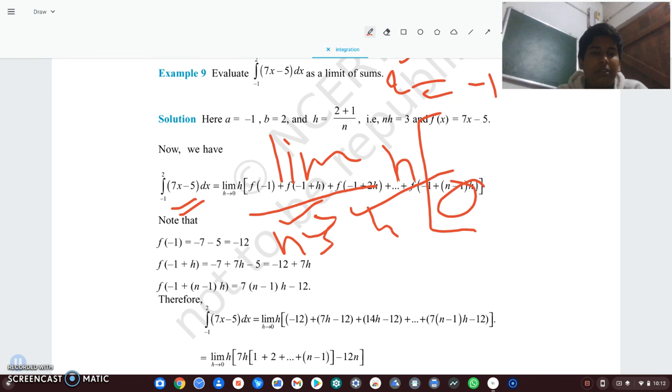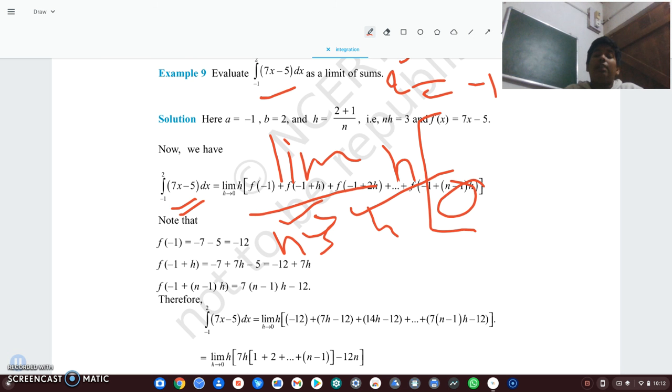First we will calculate f of minus 1 by putting that value. If you put minus 1 as the value of x in the equation 7x minus 5, you would get minus 7 minus 5, that is minus 12. So f of minus 1 would be minus 12, and then you can calculate minus 1 plus h.